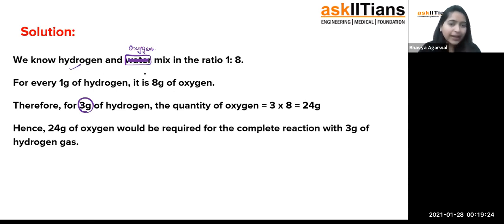If one child gets 8 candies, 3 children will get 3 into 8, 24 candies. Basically, for 3 grams of hydrogen, I would need 24 grams of oxygen. That will be my answer. Got it? Yes?